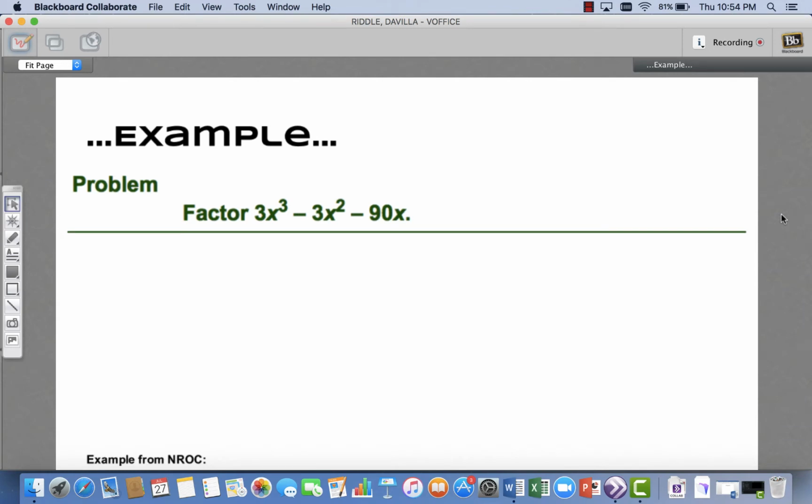Okay, and here it is. So 3x cubed minus 3x squared minus 90x. But I'm going to give you a hint on how to solve this problem first. Before you even start factoring anything from this problem, you're going to want to pull out a number and a variable.